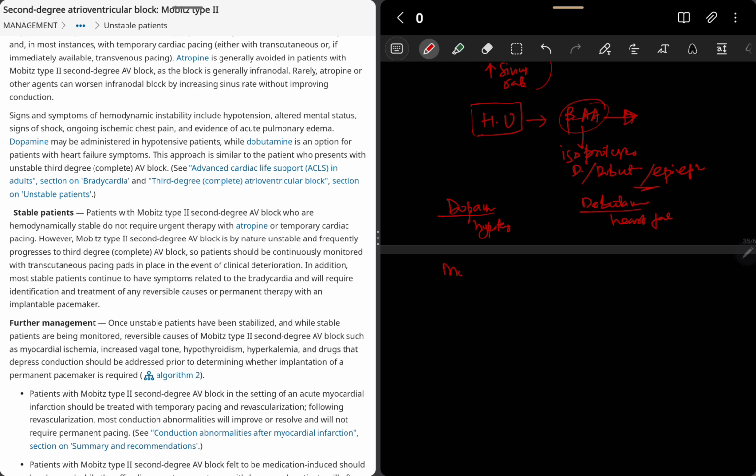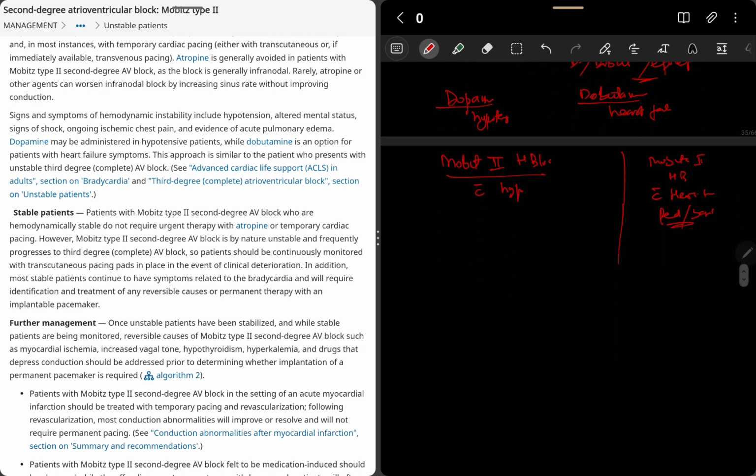That is, patients who have developed Mobitz type 2 heart block with hypotension. Here, Mobitz type 2 heart block is developed with heart failure symptoms, for example, pedal edema, basal crepitations, like that.